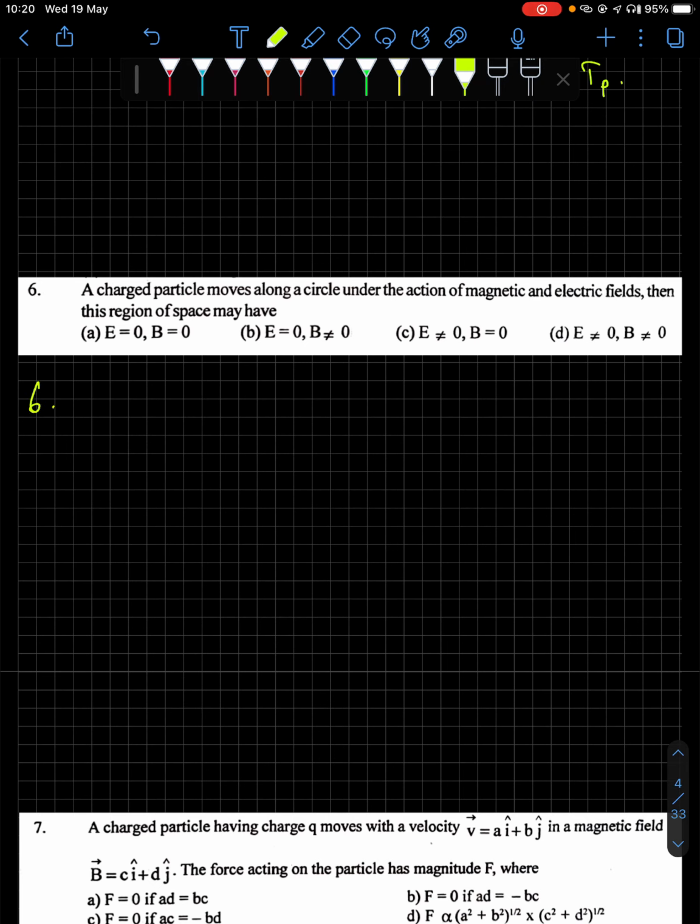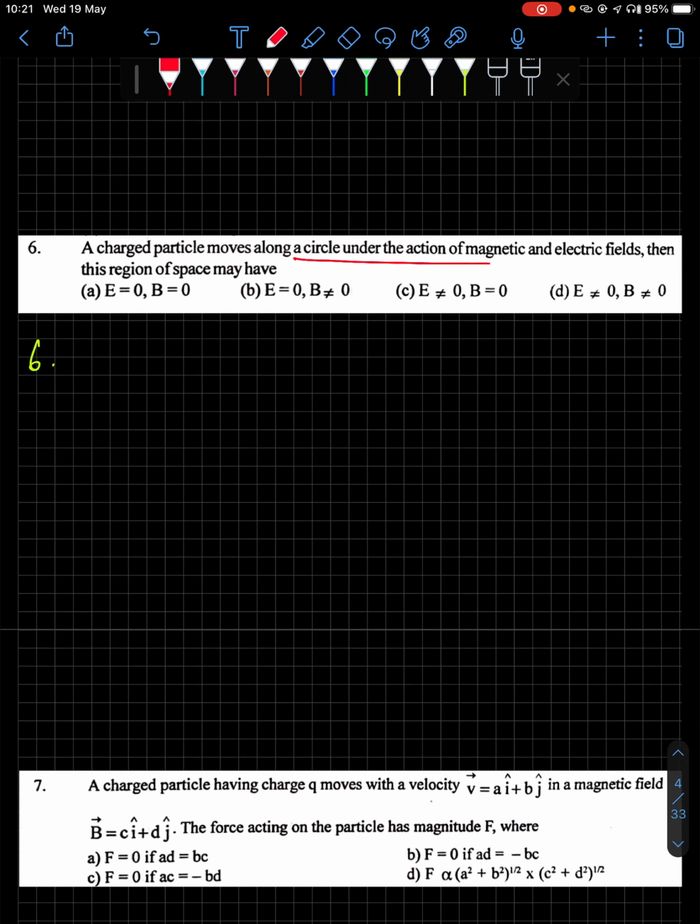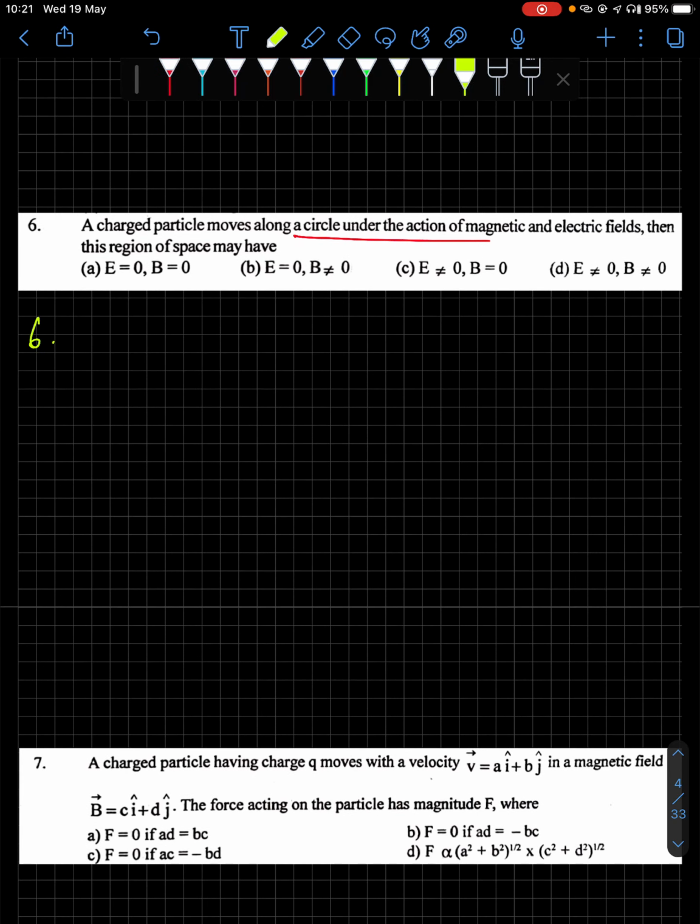Now a charged particle is moving along a circle under the action of magnetic field and electric field. Now the region may have, what about electric field and magnetic field? Look, for a charged particle to move in a circular path, you need a perpendicular magnetic field, right? So in that case, your B cannot be 0.